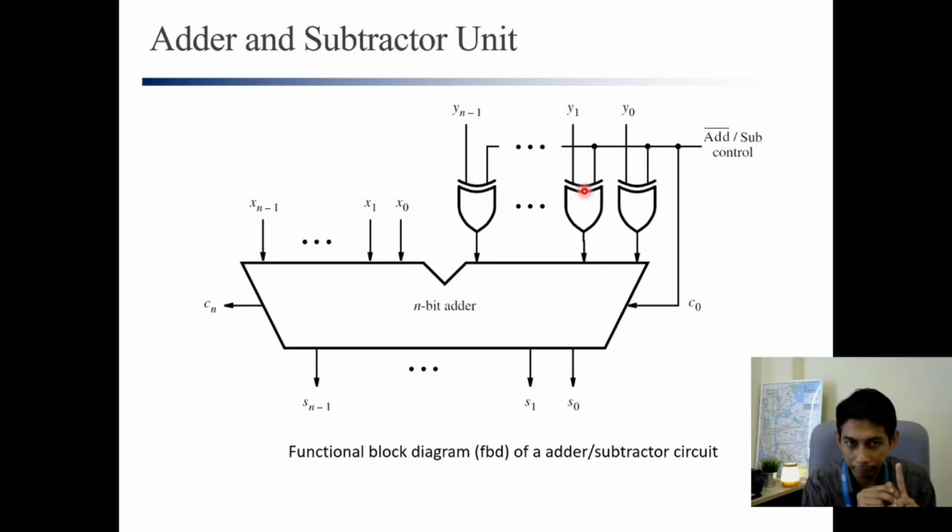First, you can have an adder. Second, you can have a subtractor in the same circuit. That's why in a computer we normally have what we call the adder-subtractor unit. This circuit can do add and sub based on this control signal. When the signal here is equal to 0, it will do add. If the signal here is equal to 1, it will do sub. I will explain this later.